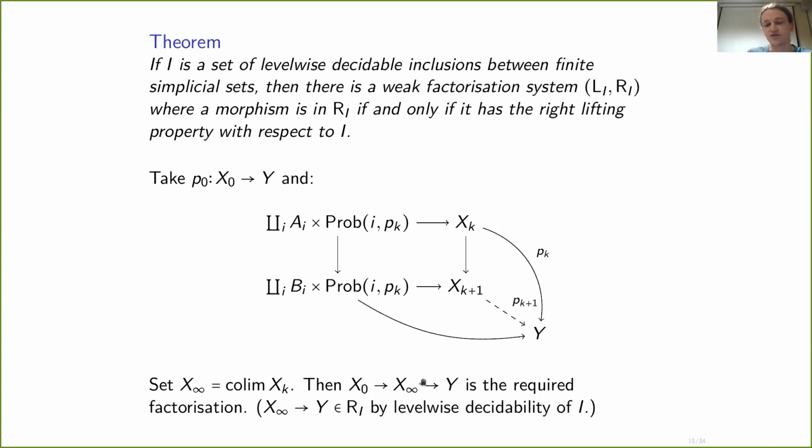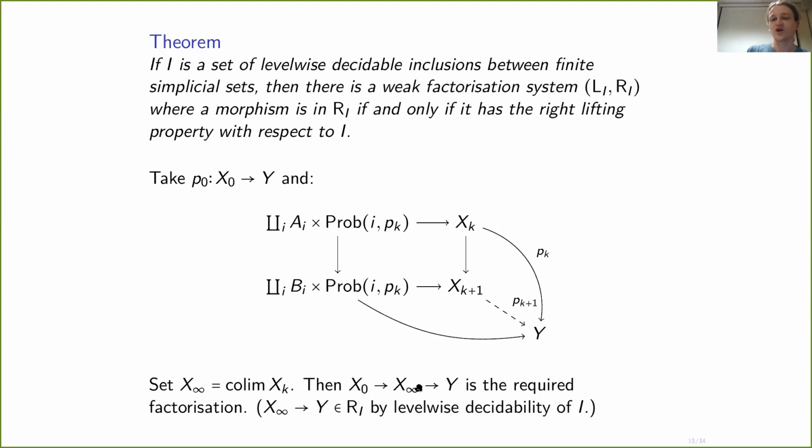And then to show that the other one is in R, this is where the classical argument breaks down a little bit, and we need some extra assumption, namely that of level-wise decidability. The point is that if you are trying to solve a lifting problem against this, you are going to have a map from the domain of something in I into X infinity. You would like to say that this map factors through some stage.